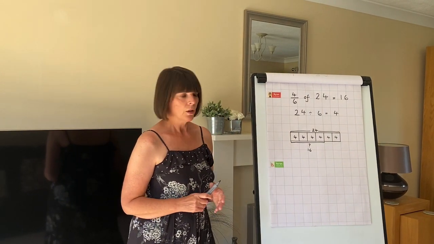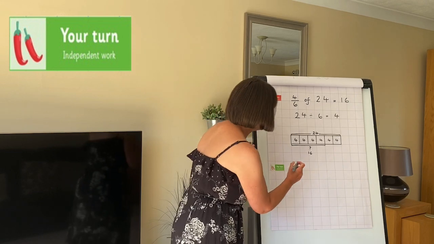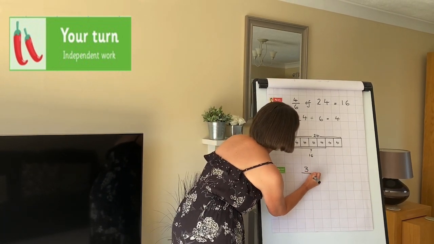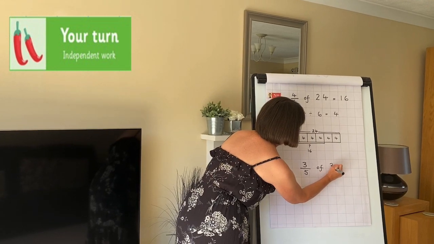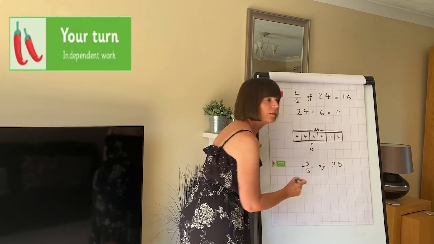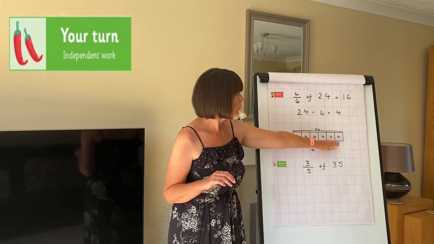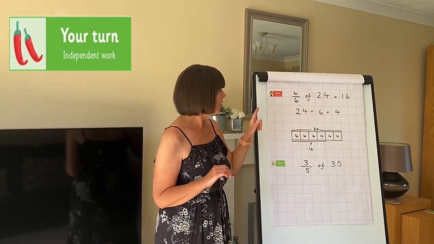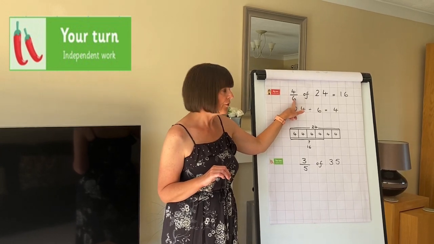We're going to do your turn now, and what I'd like you to do is see if you can calculate 3/5 of 35. I want you to look back at my modelled bit here, and I want you to think about what I did first. I calculated 1/6 first.